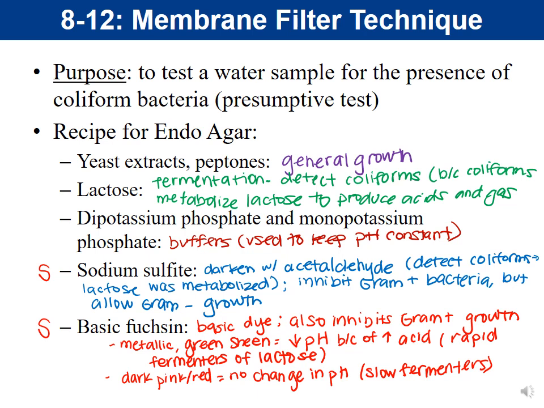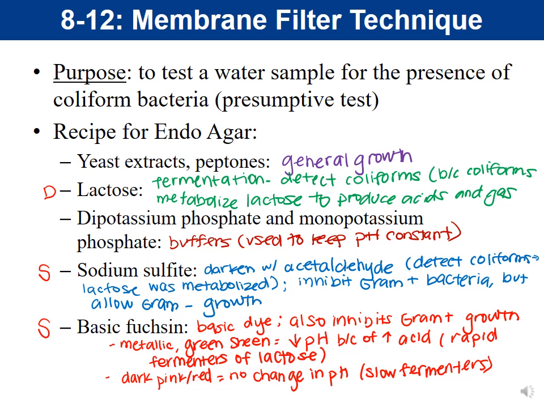So in addition to having selective ingredients, we also have differential ingredients, right? And so what would be our differential ingredient? What are we trying to determine if they metabolize to determine if they're a coliform? And the answer is my differential ingredient would be the lactose.